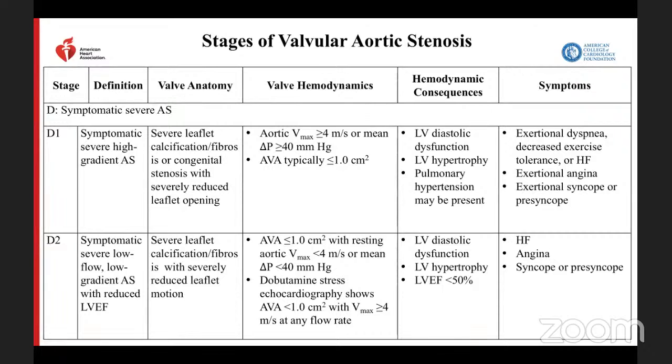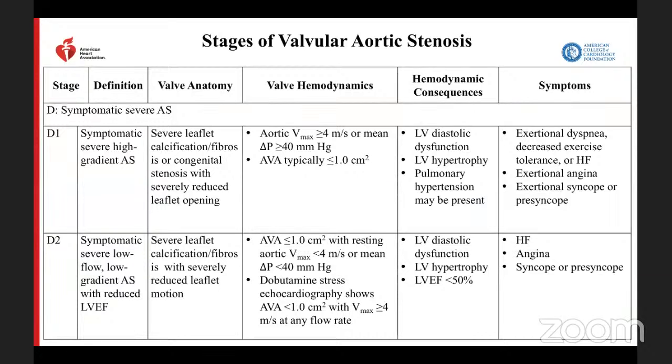The last stage is stage D, which is symptomatic severe AS. We can categorize stage D into D1, D2, and D3. D1, the patient with symptomatic severe high gradient AS. The valve will be severely calcified or fibrosed or have congenital stenosis with severely reduced leaflet opening.